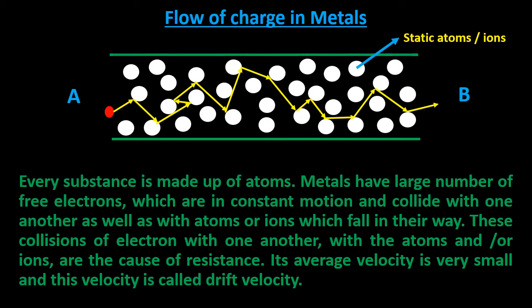So within the metal, there are static atoms or ions, which is represented by this white color.